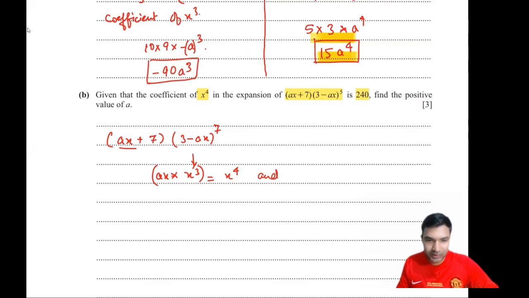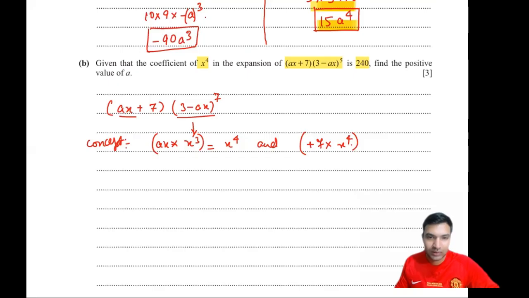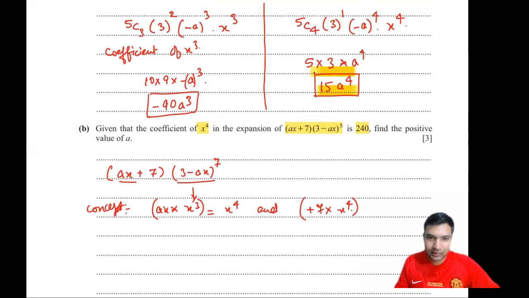And plus 7 multiplied by the x to the power 4 term will also give you x to the power 4. So we will get basically two terms when we expand this in x to the power 4.